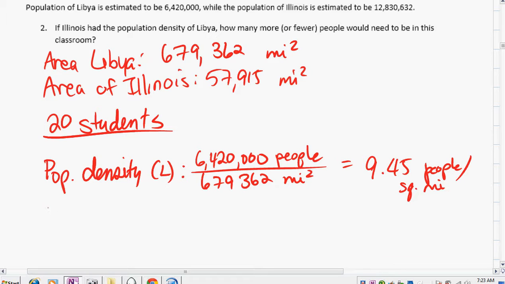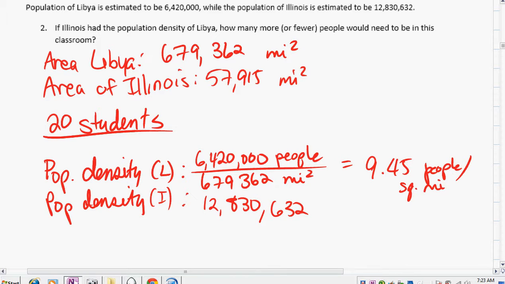Unlike Illinois, the population density of Illinois would be the people of Illinois, so 12,830,632, I believe I got this from census data, over the area of Illinois.